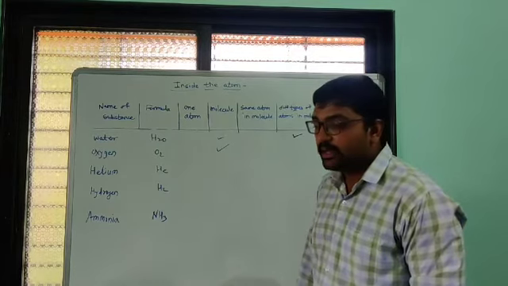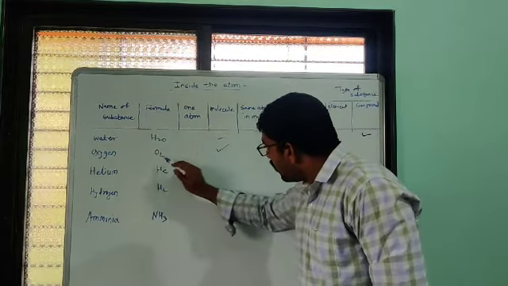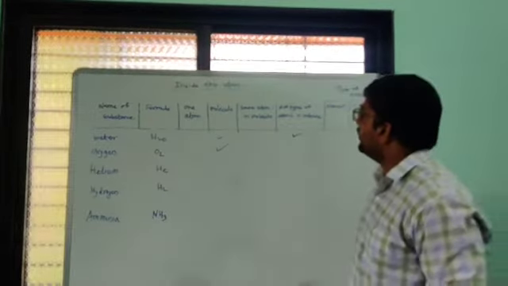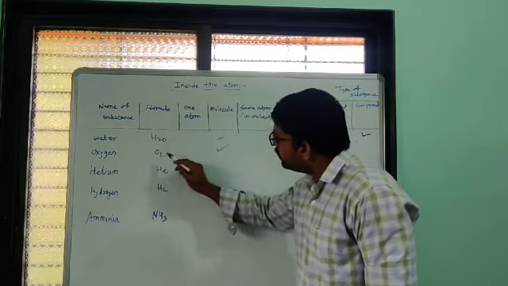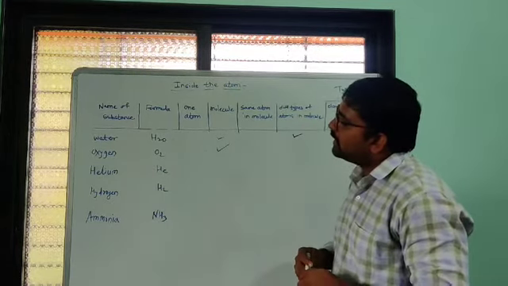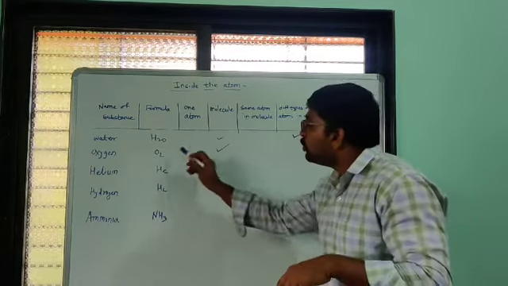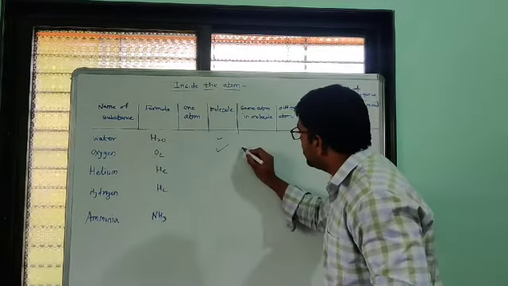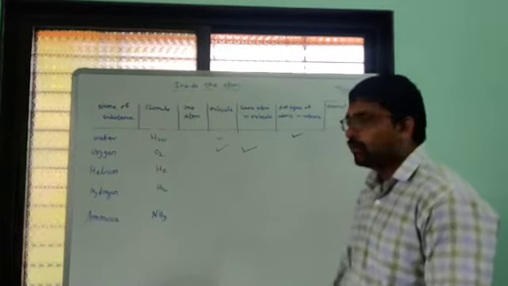So it is a molecule of oxygen. Then same atom in the molecule. If it is a molecule, are the atoms combined with each other the same or not? Yes, here they are the same. Two oxygens are combined with each other, so we have to tick here again: same atom in the molecule.